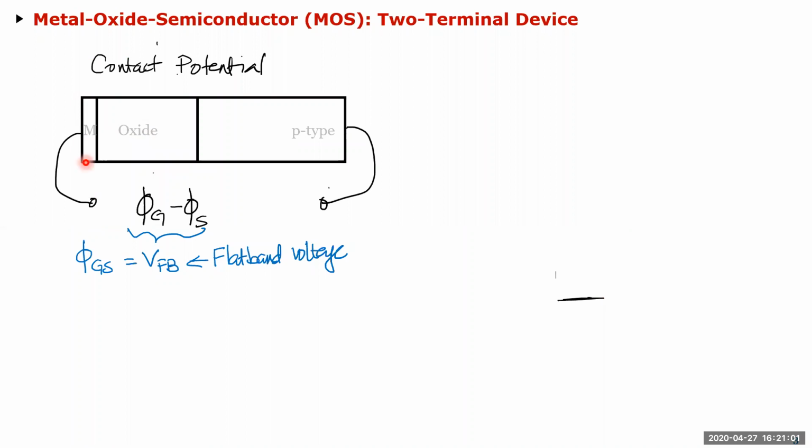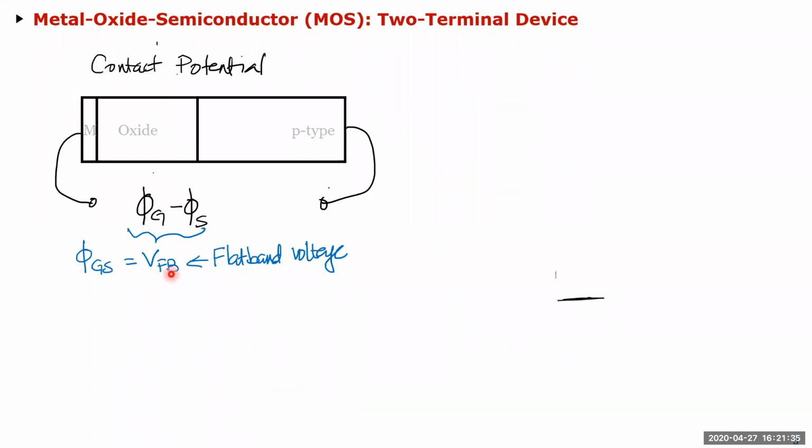All I care about is the work function difference between these two, the metal and the p-type. So for example, if I want to find out the work function for this sandwich here, then it is Phi-GS, which is whatever this material. So let's say this was a poly, then the work function of poly minus the work function of the p-type substrate is called the contact potential, which is termed as the flat band voltage.